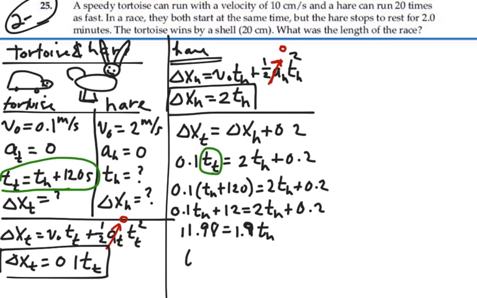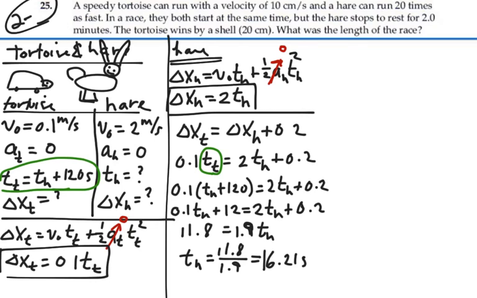So the time for the hare is going to equal 11.8 divided by 1.9. And what is that? 6.21 seconds.